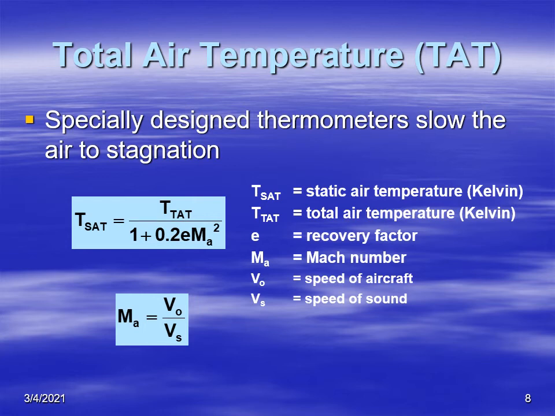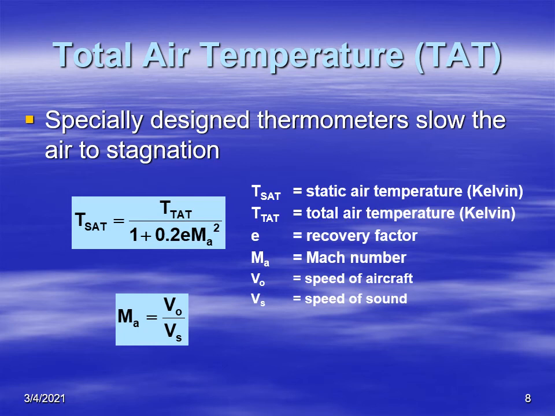Because if you can completely slow the air down, if your recovery factor is 1, there is an equation that converts total air temperature to static air temperature, from TAT to SAT. So in a moving airplane, we measure TAT, but what we would really like to know is the SAT, the static air temperature. And of course, this depends upon the speed of the airplane. Airplanes moving that fast usually measure speed in Mach number.